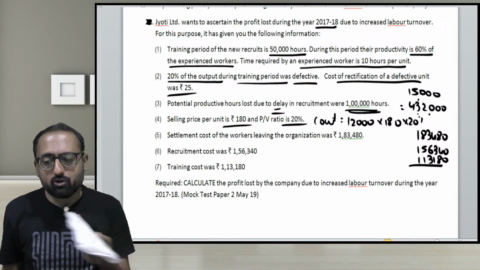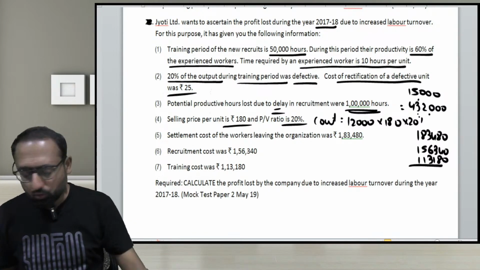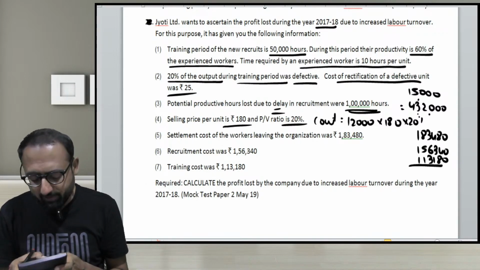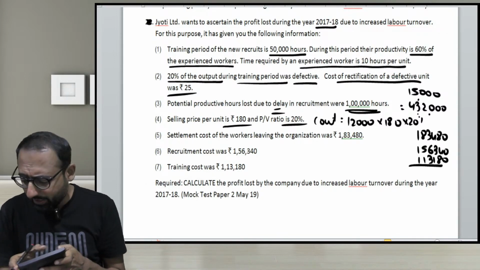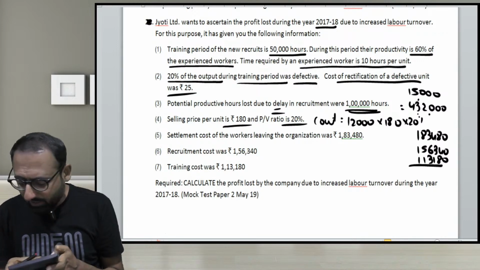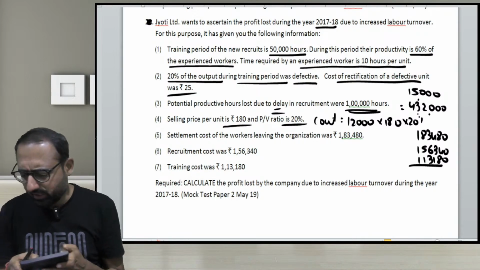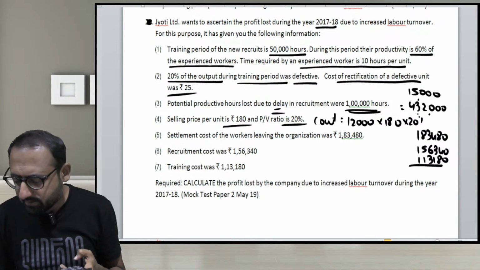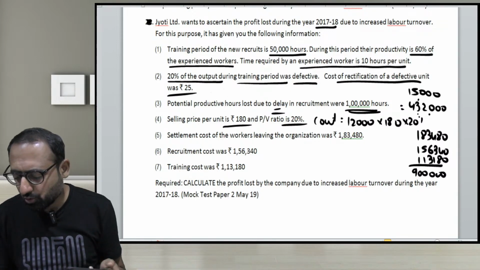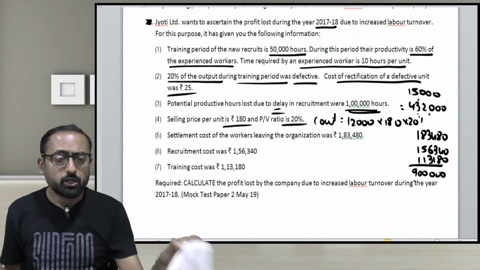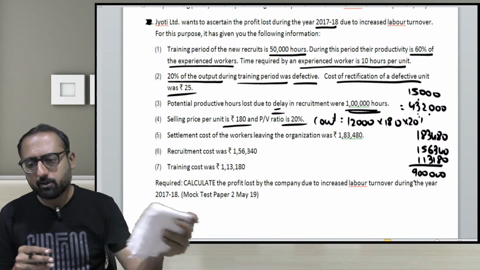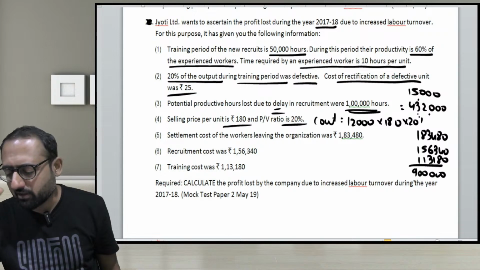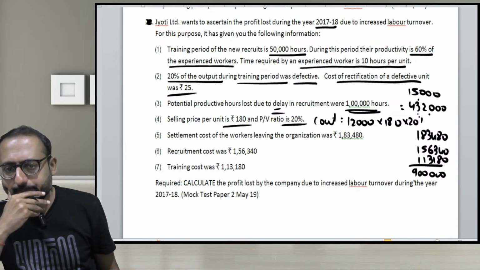So total profit loss due to labor turnover will be 15,000 plus 4,32,000 plus 183,480 plus 1,56,340, 113,180. Boys and girls, 9 lakh rupees is your total profit loss due to labor turnover. Total contribution loss because of the labor turnover is 9 lakhs.